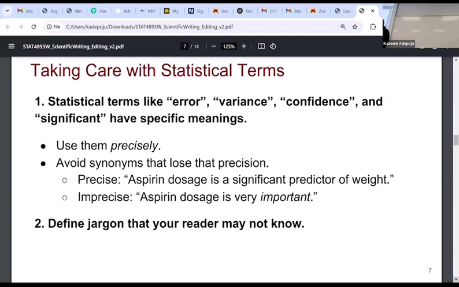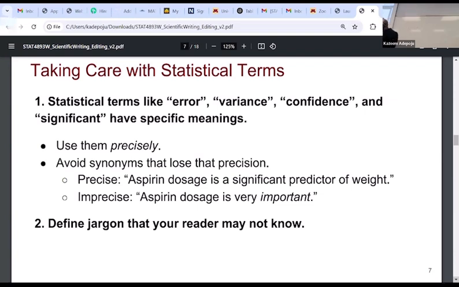Now we don't say it's very important. But what do we say instead? What we say instead is that aspirin dosage is a significant predictor of weight. Maybe you are looking at the effect of aspirin dosage on weight. When I use 2 doses, 3 doses, what is the effect of different levels of doses on weight?